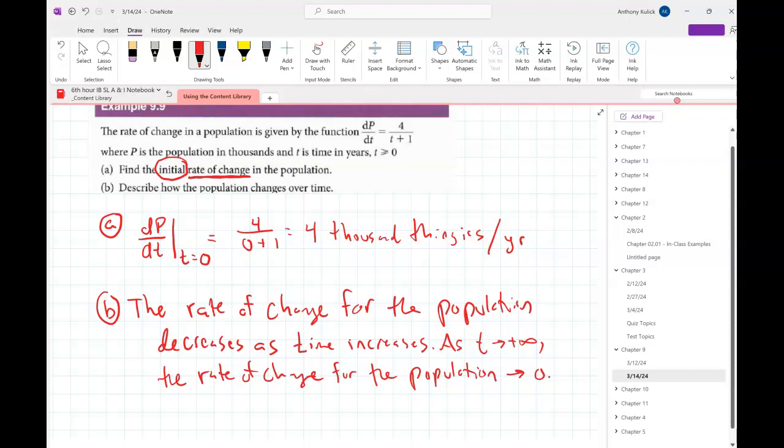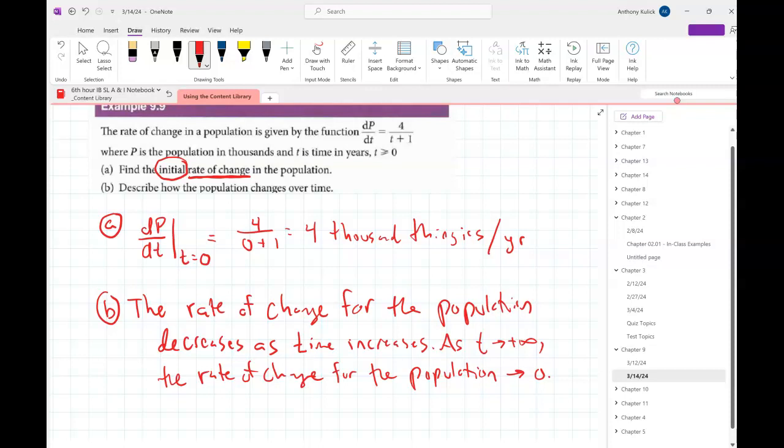Now, read carefully part B on what the directions say. Have we actually talked about the population at all? Not really, right? We've talked about the rate of change for the population. So let's maybe do a better job. This was fine as a first attempt.